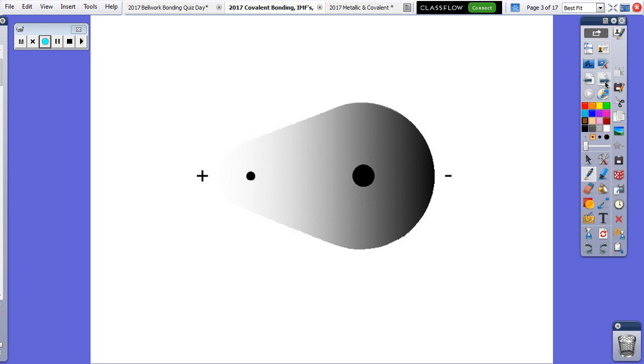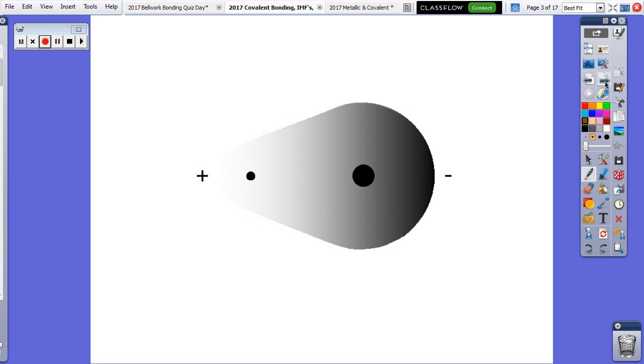The nucleus on the left is much smaller. It doesn't have as many protons, so its nuclear pull is not as great. Also notice the gray shaded part representing the electron cloud is being shifted towards that stronger nucleus because it has a greater pull.